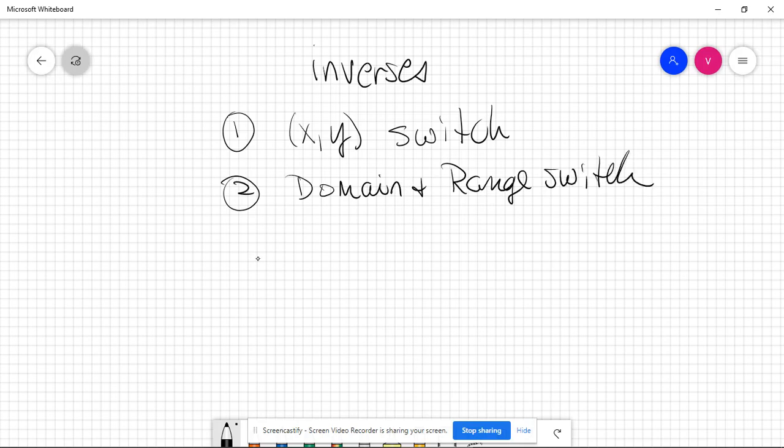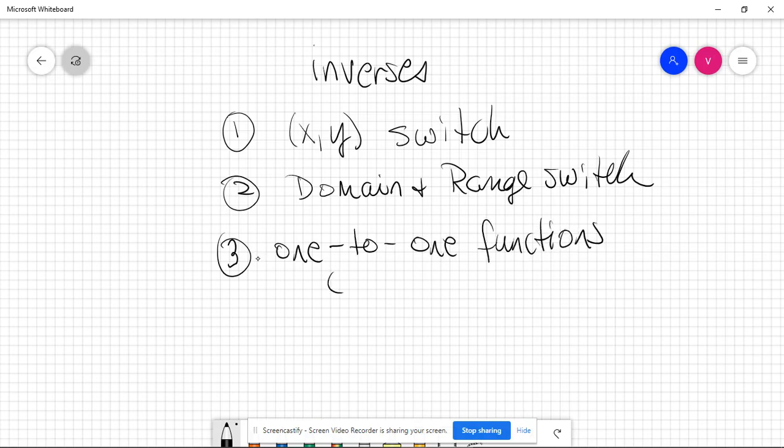To create an inverse, you must have one-to-one functions. So you might have to restrict the domain, maybe. Possibly.